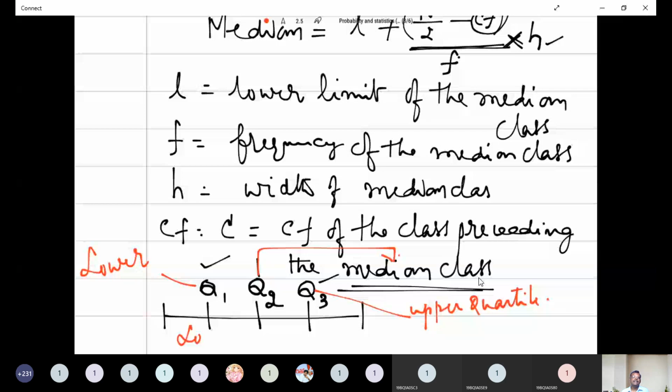Here we are dividing into 4 parts. Suppose we are dividing the segment into 10 parts, then it is called deciles. That is beyond the syllabus. It is also possible to find the 4th decile, 5th decile, 6th decile, like that.